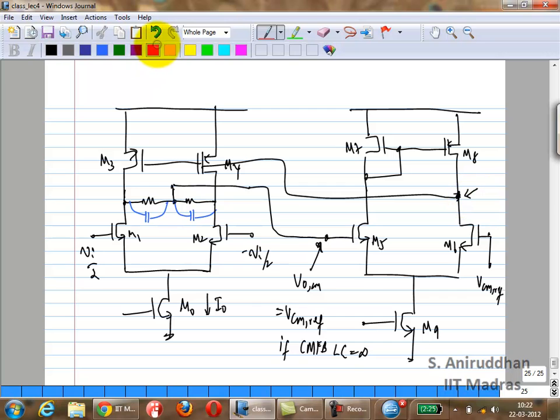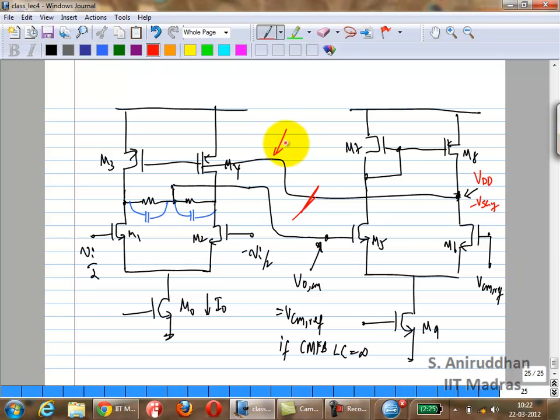So let us say I disconnect this first. Okay, I open the loop. When will it have no systematic offset? Systematic offset, I mean, not mismatch. When? VGS for M7. So if there are no mismatches, the voltage there is VDD minus VSG7. Correct?